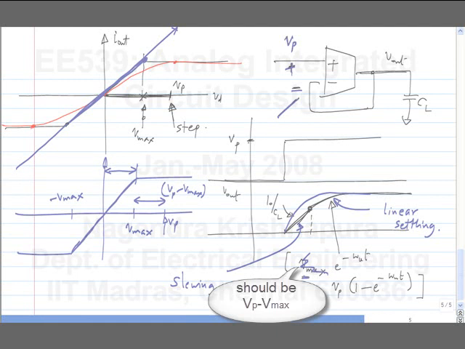When it reaches Vp minus Vmax, the input differential voltage is Vmax. After that, it follows the linear settling. This was in error. This initial condition is not Vmax for the output, it is Vp minus Vmax.